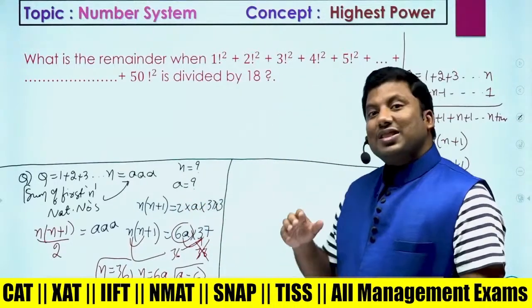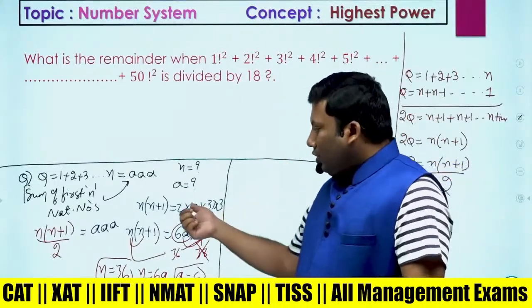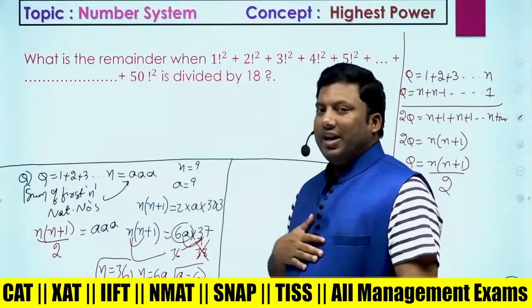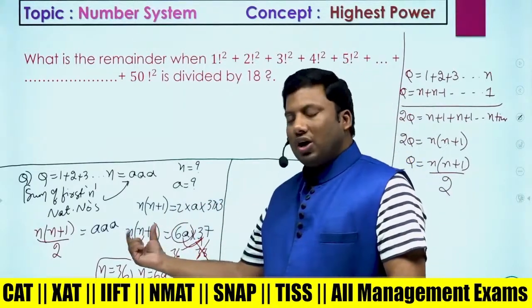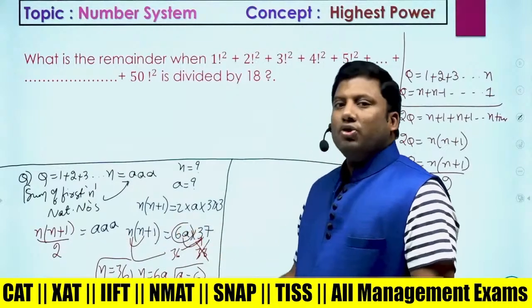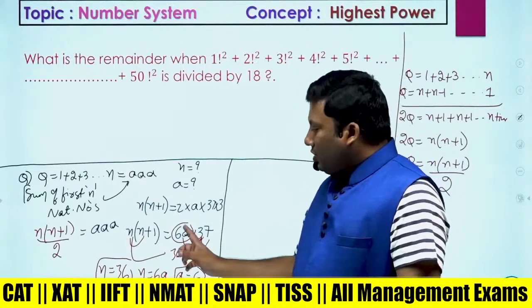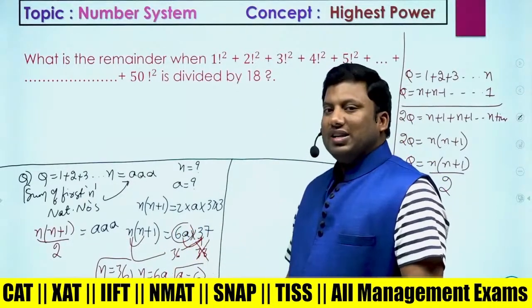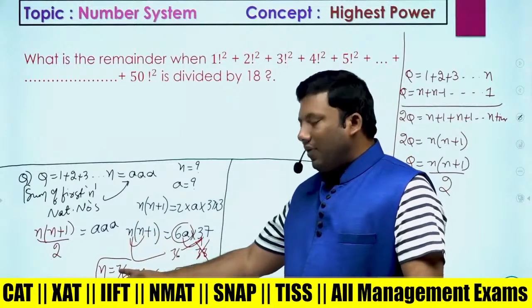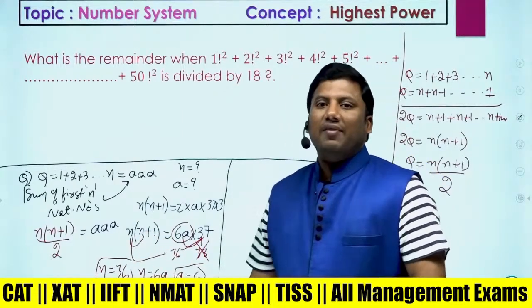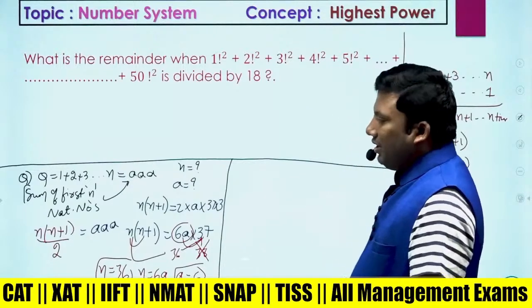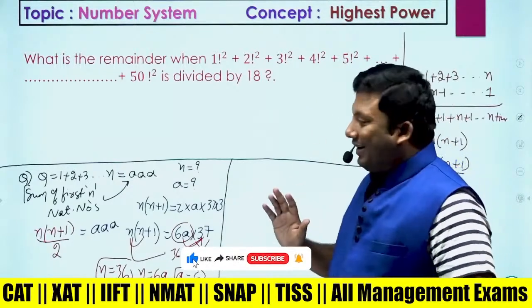Triple 1 is 37 into 3. 2 into 3, 6, 6 into A, 6A. 6A into 37, these both are consecutive numbers. So consecutive to 37 is 36. N value 36, 6A is 36, A value is 6. I hope the idea is clear.